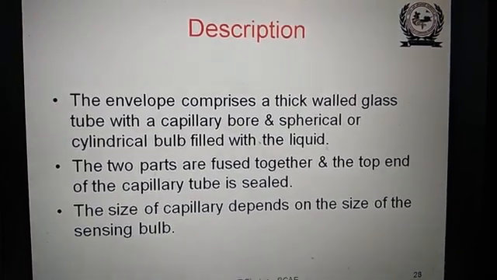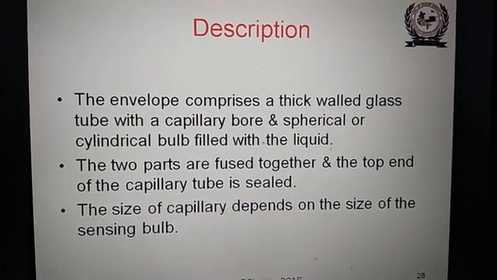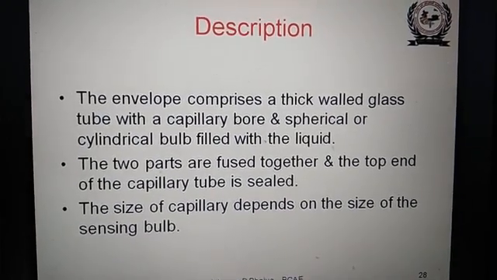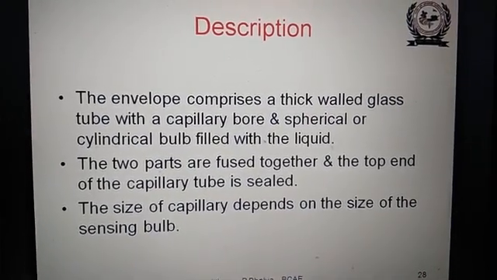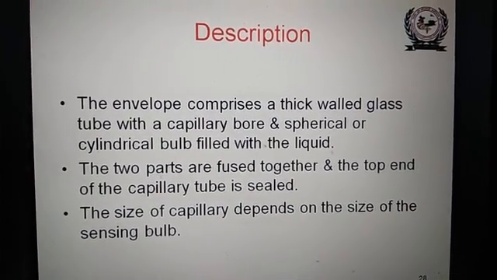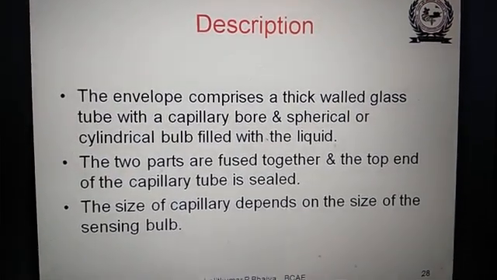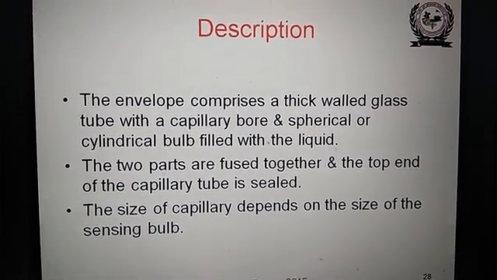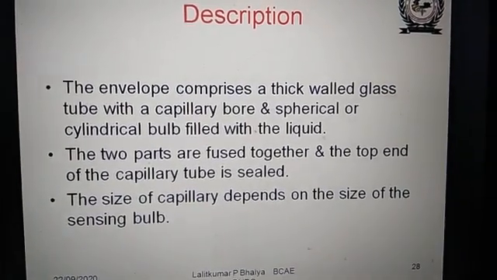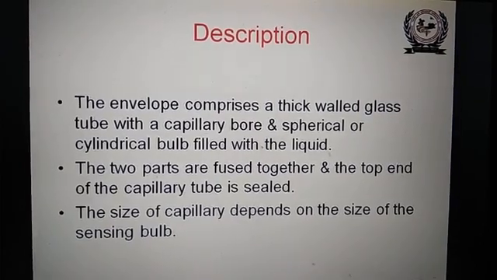Description: the envelope comprises a thick walled glass tube with a capillary bore and spherical or cylindrical bulb filled with the liquid. The two parts are fused together, and the top end of the capillary tube is sealed.